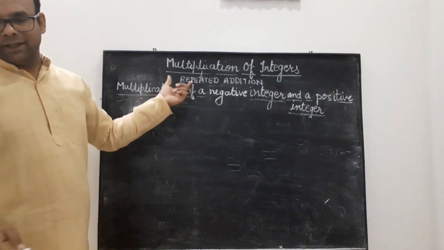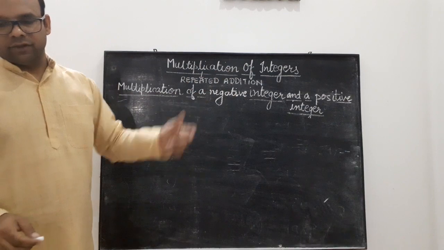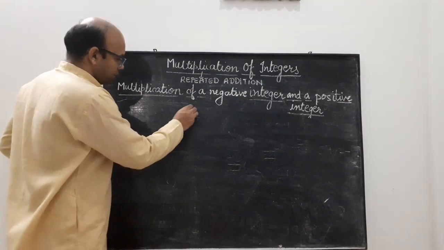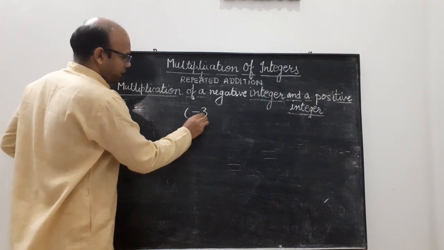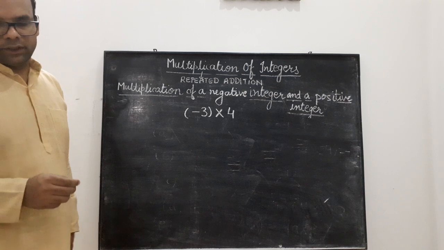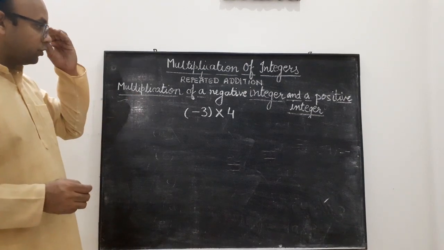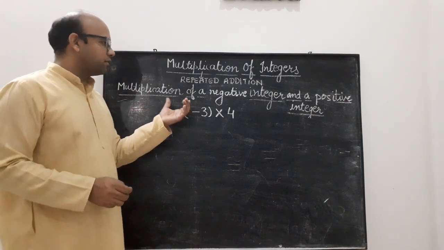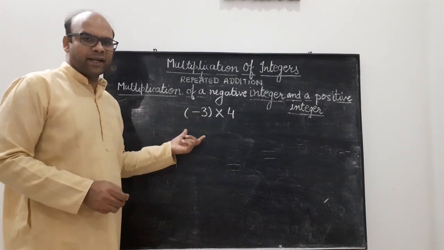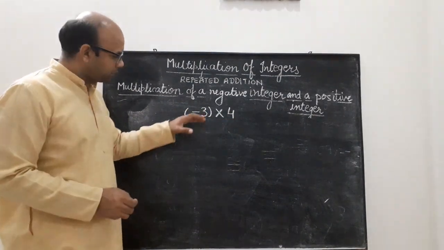If you are multiplying a negative integer with a positive integer, what will happen? For example, if you want to multiply minus 3 cross 4, then what will be the result? In the same words we can say, how can we take 4 minus 3 times?